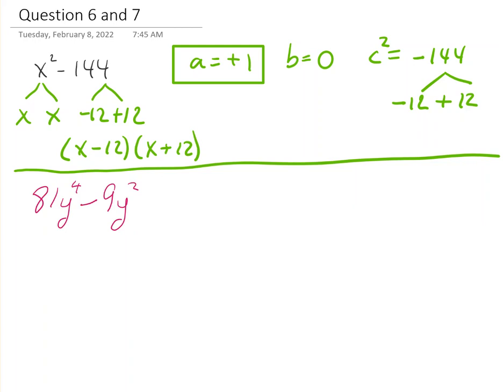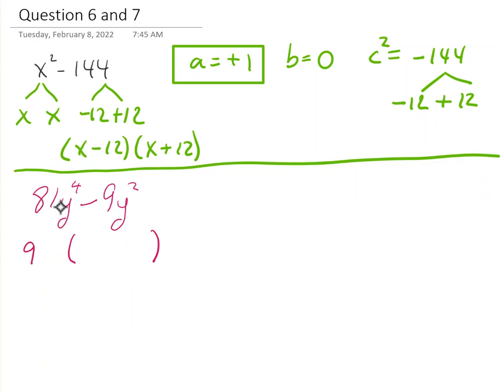So is there a common number that I could divide out of 81 and 9 to make my numbers a little smaller? Well, yes. If I were to take out a 9, my two numbers would become smaller.